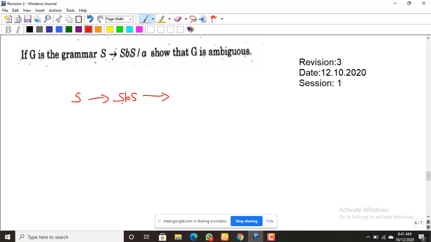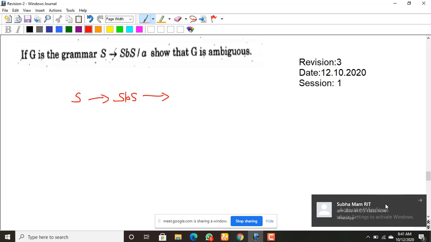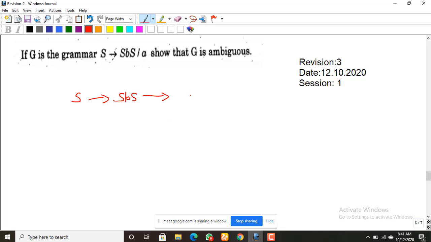So S is replaced by A B S. Then the second S is replaced by the first production rule. Actually there are two production rules, and the choice is yours. So I will move with my own choice.